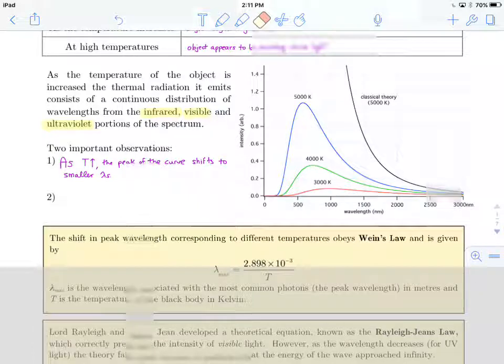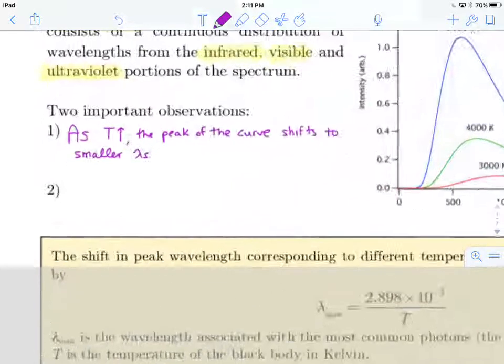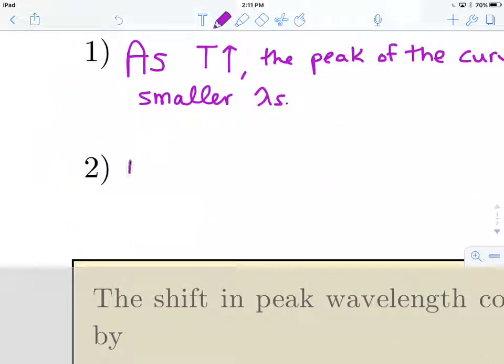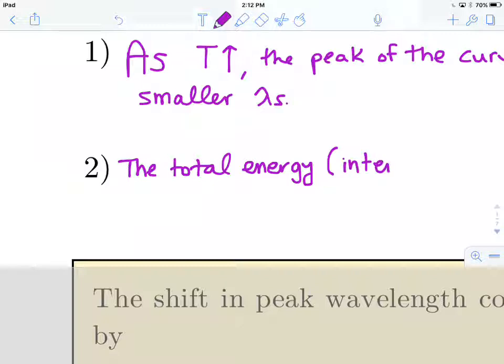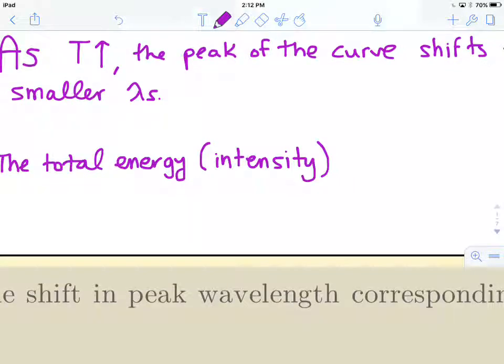The other observation that's important to note is that the total energy, which is related to the intensity of the light, increases with temperature.